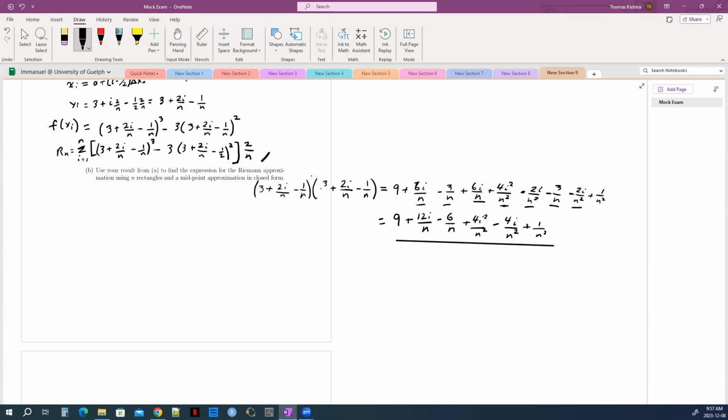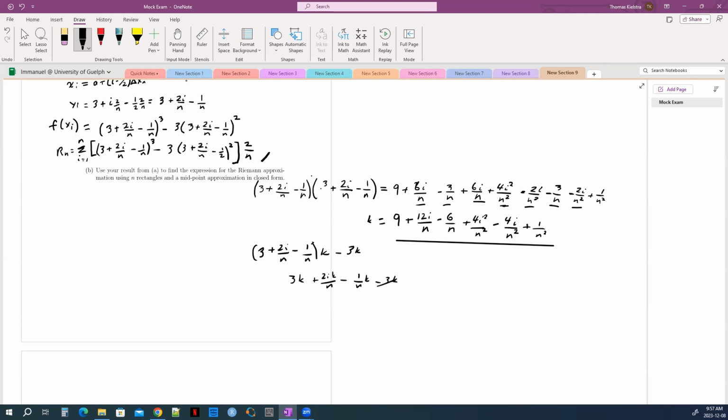And now what I'm going to have is 3 plus 2i over n minus 1 over n times this expression, let's call it k, minus 3k. So it's going to be 3k plus 2ik over n minus 1 over n times k, minus 3k.